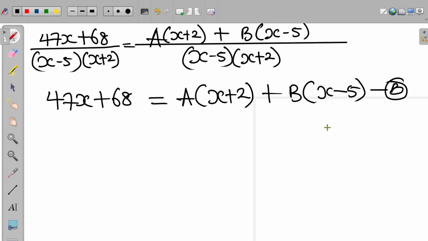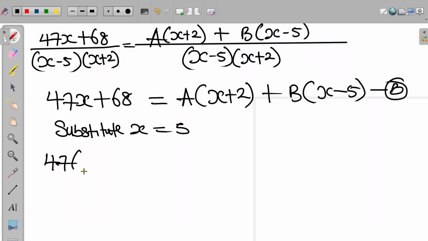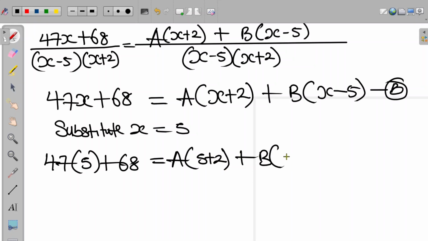Now, to obtain the values of a and b, we have to use the cover-up method. The idea here is that we plug in convenient values of x into equation b to eliminate either a or b. So at this point, we will substitute x equal to 5 into equation b. So this becomes 47 times 5 plus 68 is equal to a times 5 plus 2 plus b times 5 minus 5.